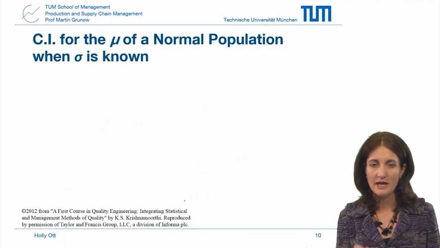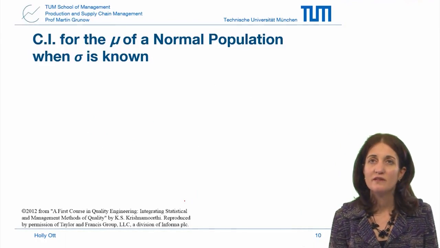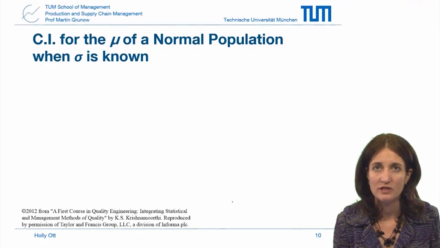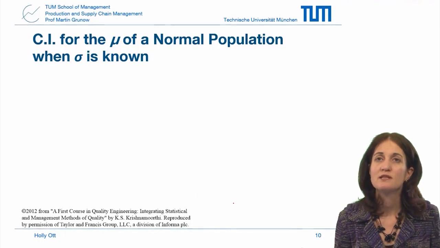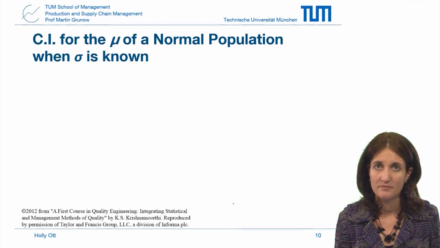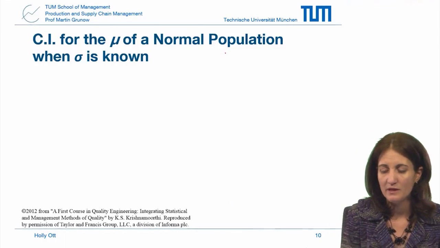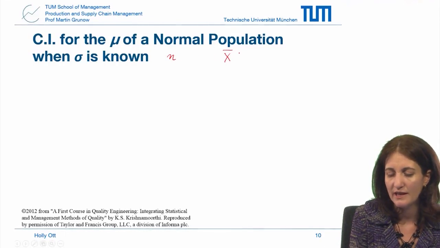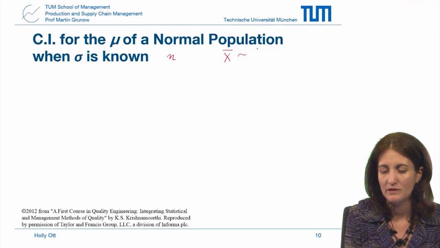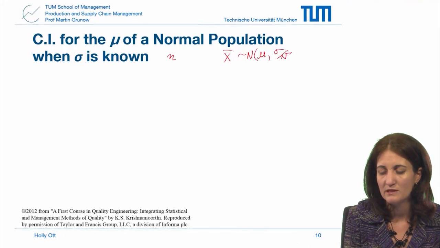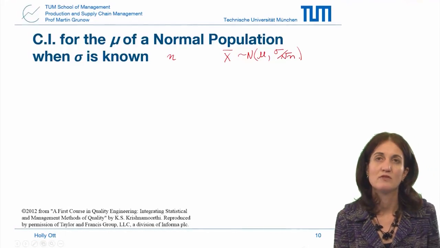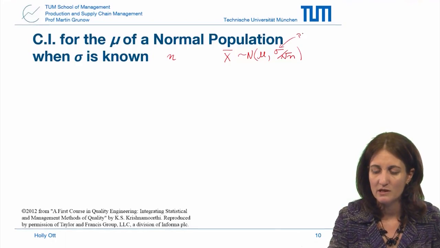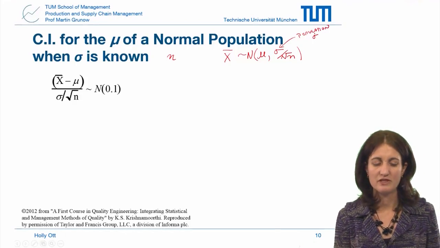So, again, we are looking for the confidence interval for the mean of a normal population with known sigma using the sample average as an estimator. First, we take a sample of size n and we calculate an x bar value, and we know that this is normally distributed with mean mu and standard deviation sigma over the square root of n, where sigma is the population standard deviation.